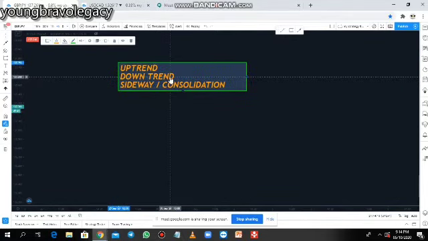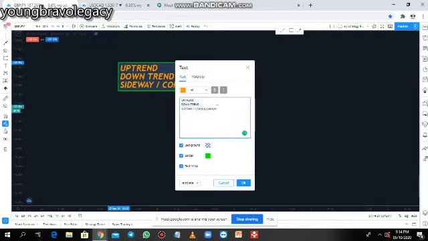The structure for uptrend is higher highs and higher lows, while for downtrend it is lower highs and lower lows. For consolidation, it is support and resistance.